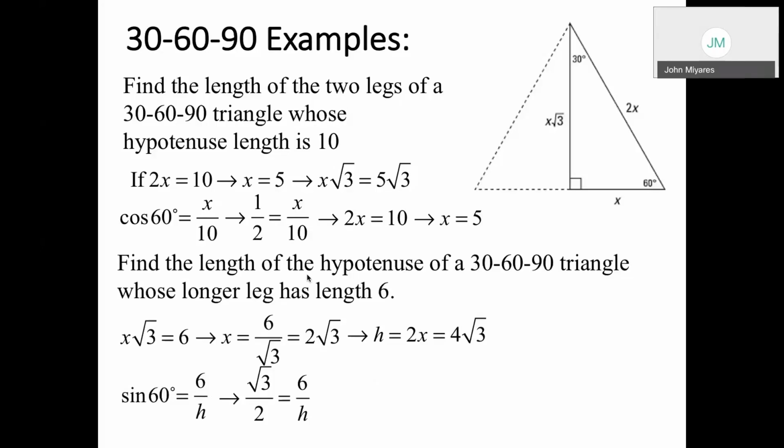Cross multiplying gives us the square root of 3 times h equals 12, which when we divide by the square root of 3 and rationalize gives us the hypotenuse equals 4 times the square root of 3.